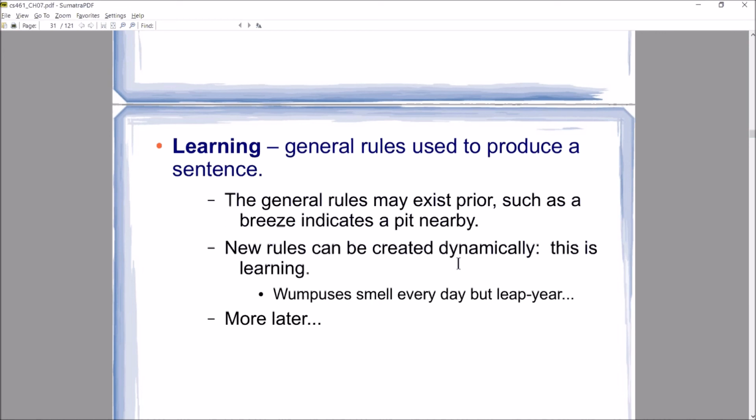You can create new rules, too. As you're creating those new rules dynamically on the fly, you're learning, okay? So it could be the case that wumpuses smell every day, but leap year. That's a new rule that maybe was added as the agent was going about its business.